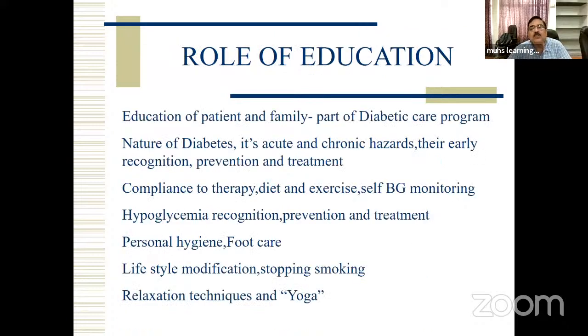So what is the role of education? The family is part of the diabetic care program. Whenever you have a patient, you cannot leave him counseling himself or herself. You involve the spouses because they are mostly together and they are the inherent reminder in the family.